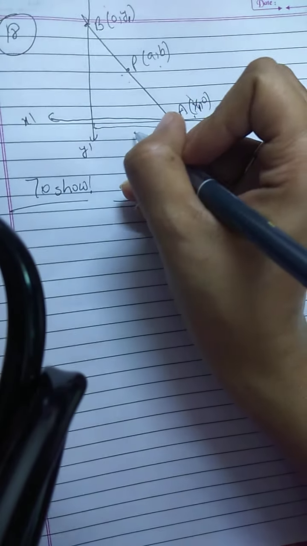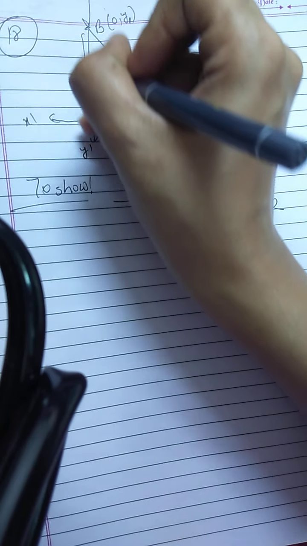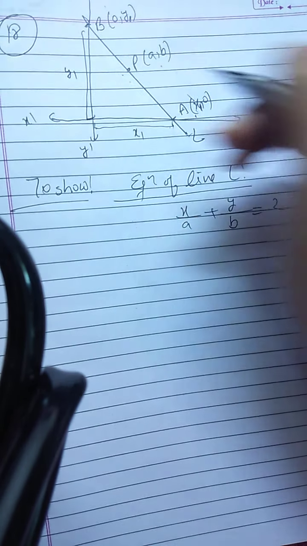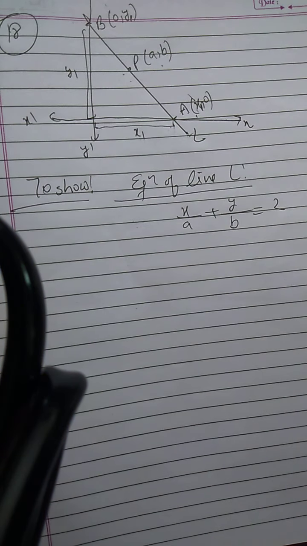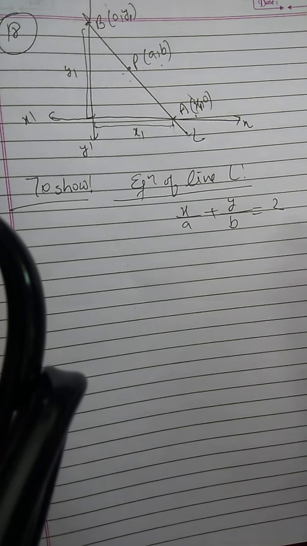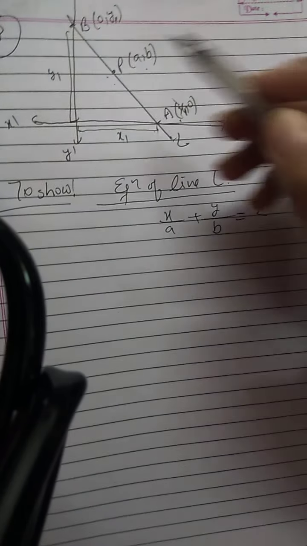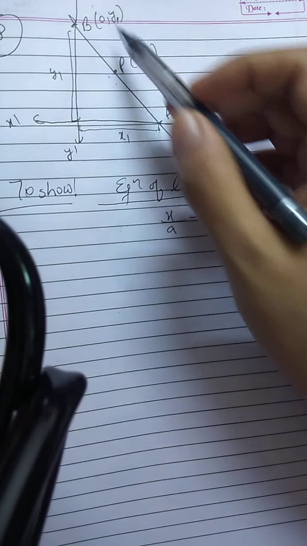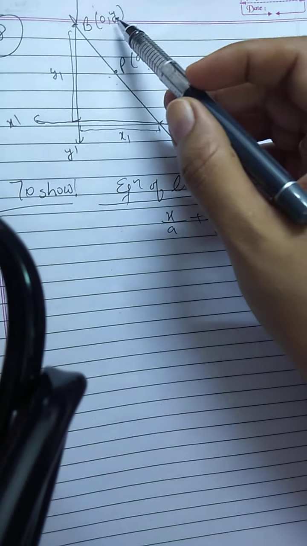This is our x1 intercept and this is our y1 intercept. If I know the intercepts, we can easily write the equation x upon x intercept plus y upon y intercept equals 1. So first of all, by the midpoint formula, because the midpoint we know but these are the unknown points, we will be able to calculate x1 and y1.